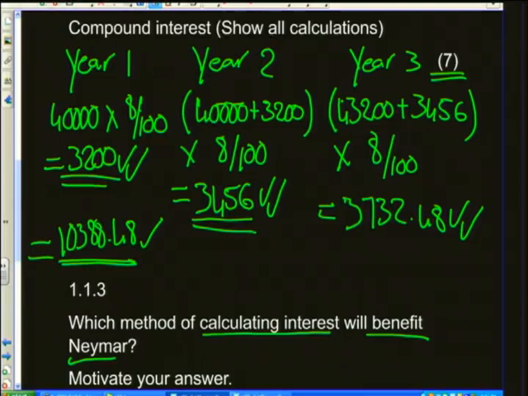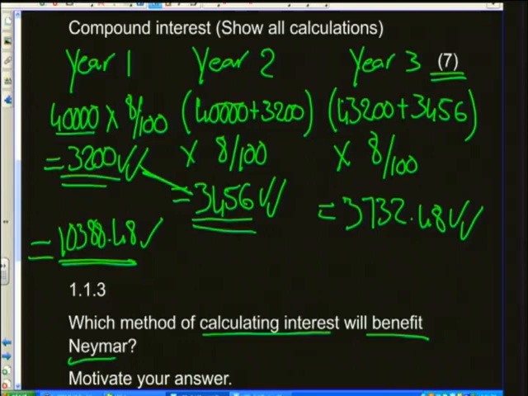So now we need to earn interest on not just 40,000 Rand, but on the total amount, and that's why in year 2, we have 40,000 plus 3,200 Rand, because that was our total in our investment after the first year. Then you'll have seen in year 2, we earned 3,456 Rand. Can you see there's a difference? 3,200, 3,456, they're different there.